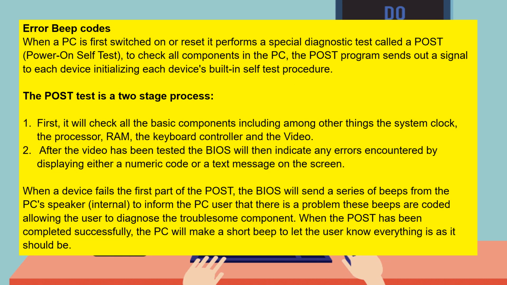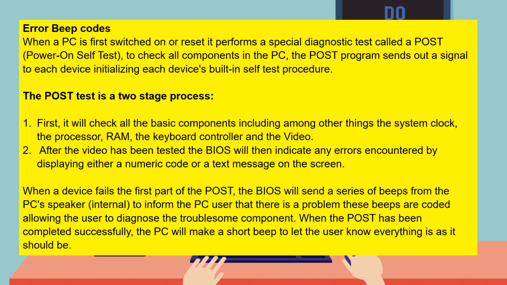Error beep codes. When a PC is first switched on or reset, it performs a special diagnostic test called a POST, or power-on self-test. To check all components in the PC, the POST program sends out a signal to each device, initializing each device's built-in self-test procedure. The POST test is a two-stage process.